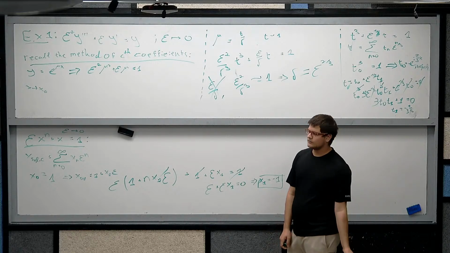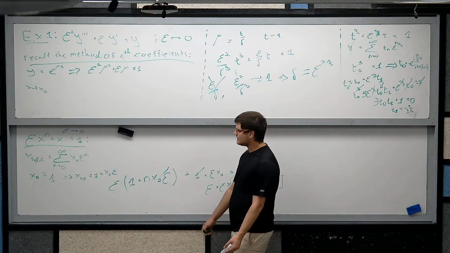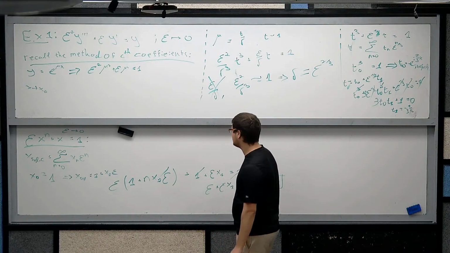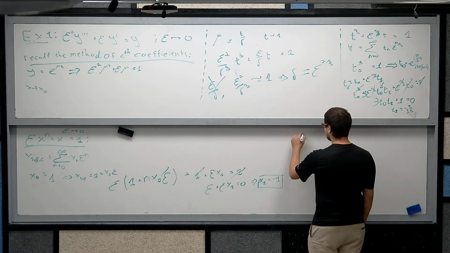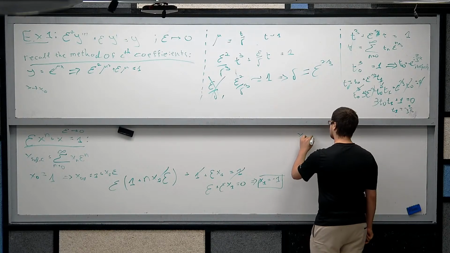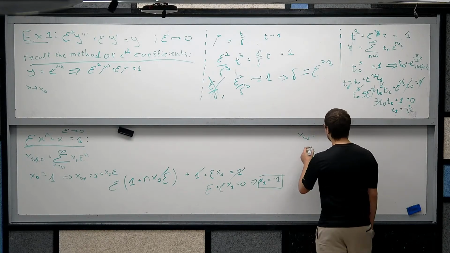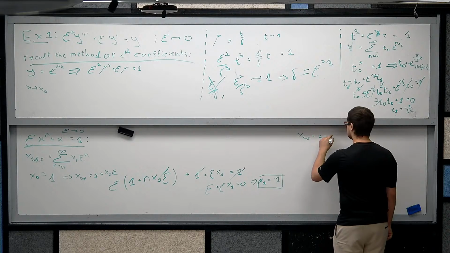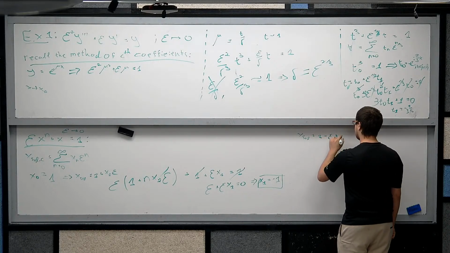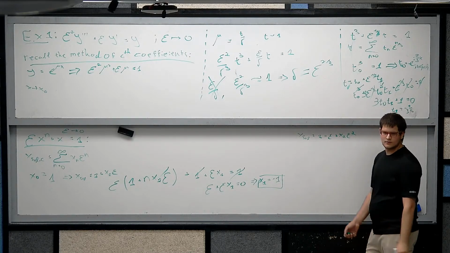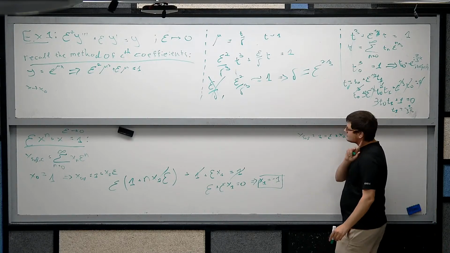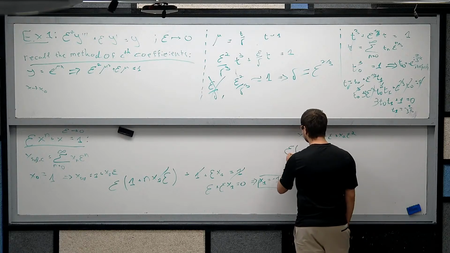Here we go, we find the solution, and for the next term, how will it look like, we will have to guess the next solution. It will be 1 minus epsilon plus x2 epsilon squared, and then guess a solution.